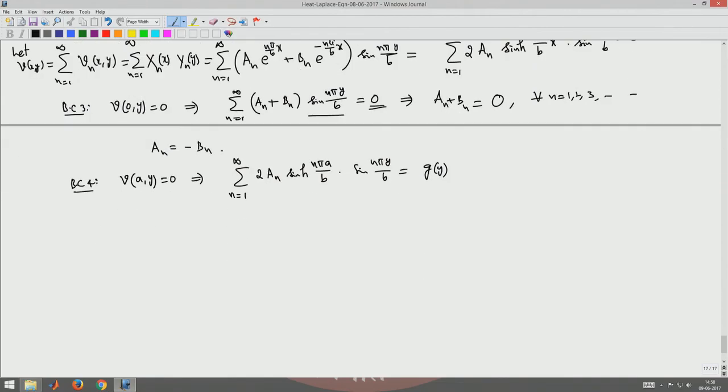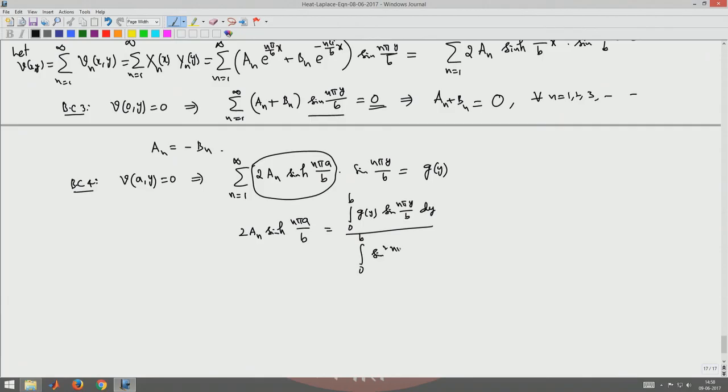Now, this constant you can get by applying dot products on both sides with the eigenfunctions. So, 2 a_n sine hyperbolic(n pi a by b) is equal to integral 0 to b of g of y sine(n pi y by b) dy divided by integral 0 to b of sine square(n pi y by b) dy.